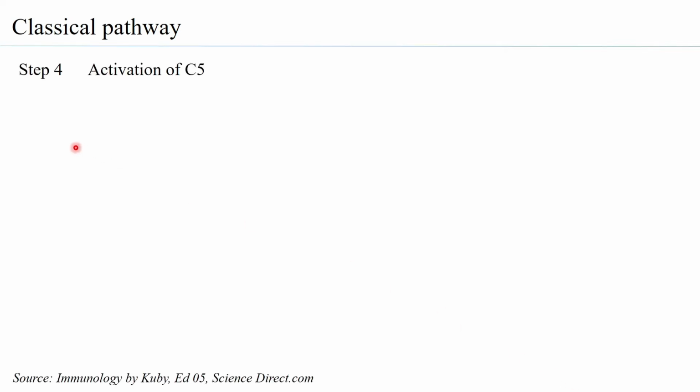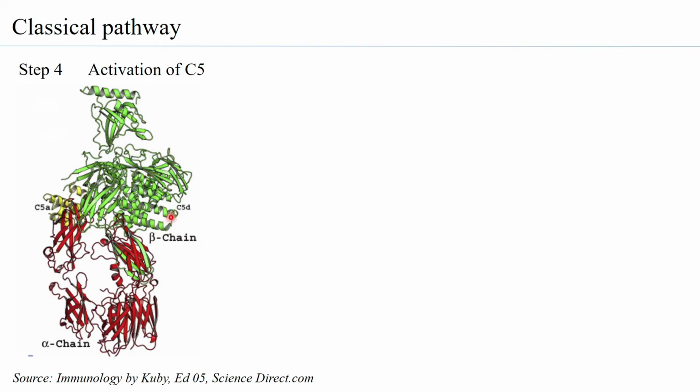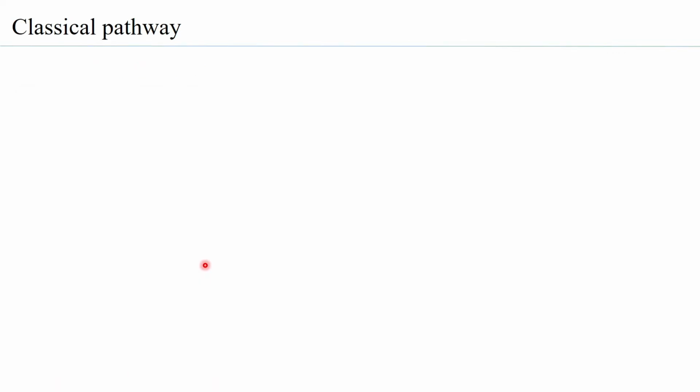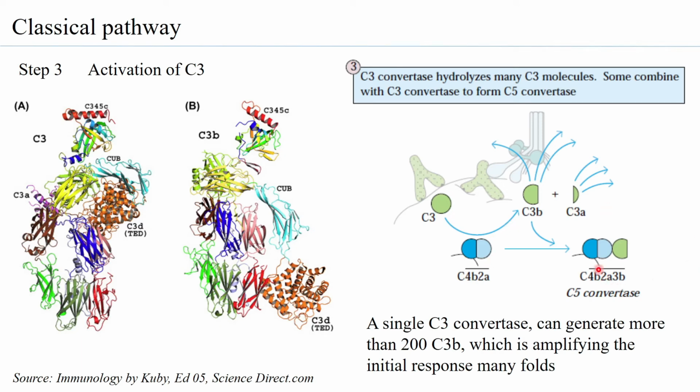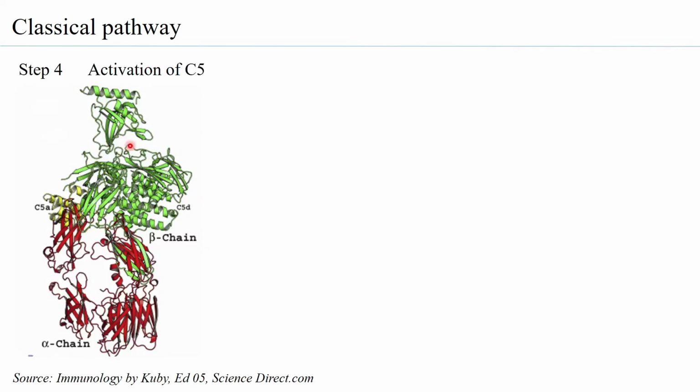Then we go to the next step, and that is activation of C5. So this becomes the next step in the cascade. Now, the C5 is also made up of two chains, that is the alpha chain and the beta chain. And as we just observed, just going back, this that was formed, that is C4b2a3b, is nothing but a C5 convertase. So therefore, C5 convertase is definitely going to bind to the C5.